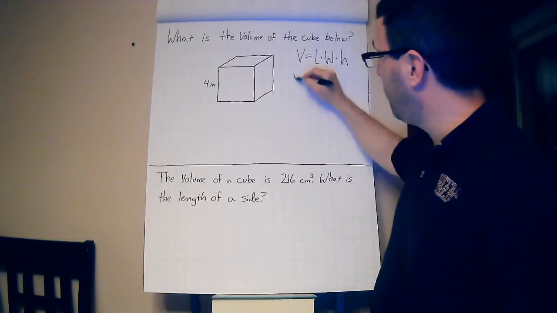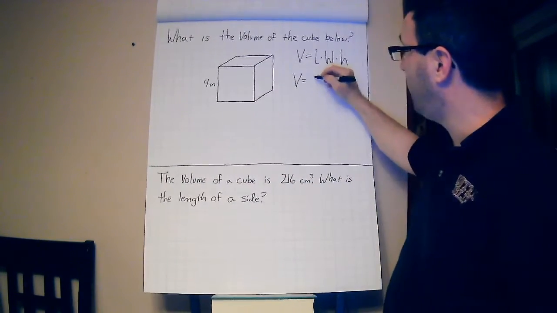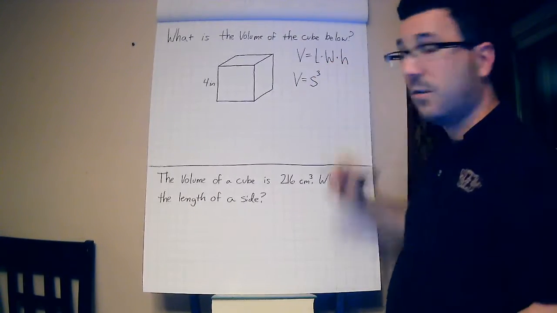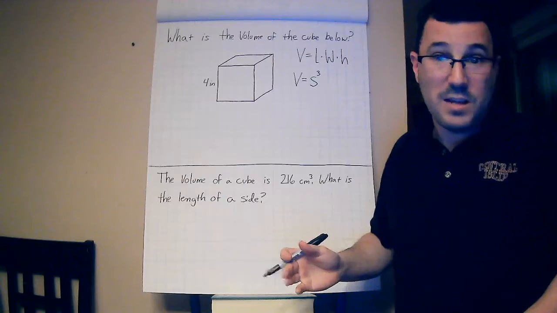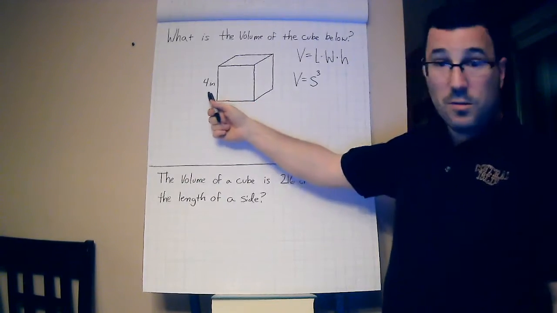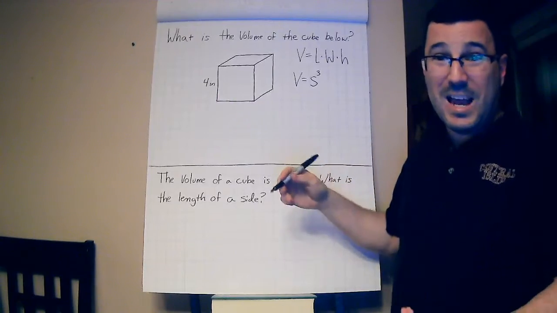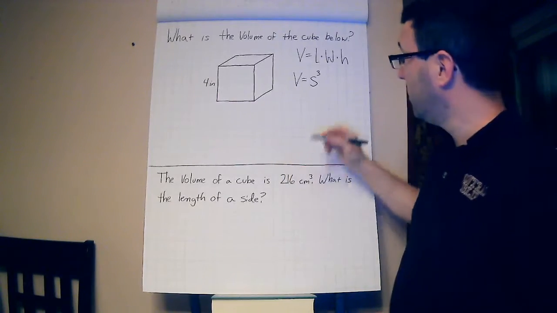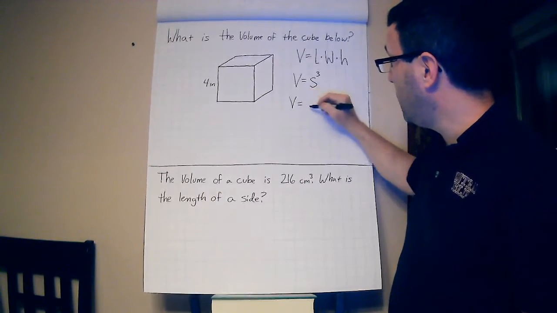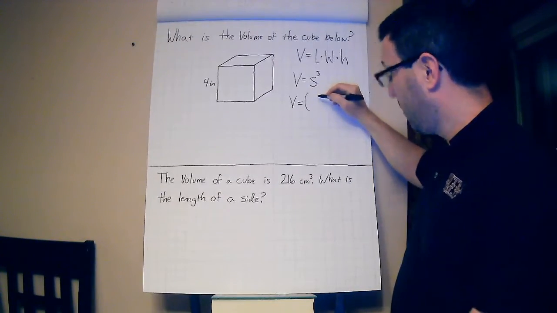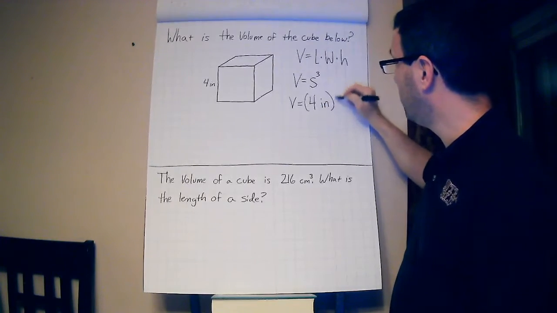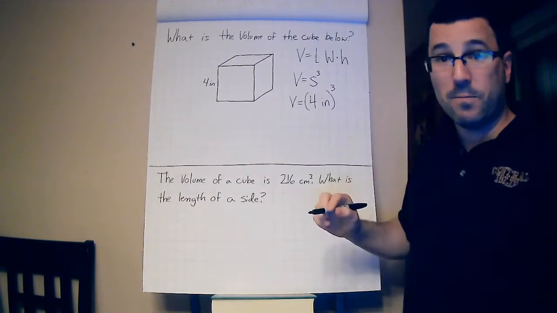So when we find the volume of a cube, we can say the volume is the side cubed. Makes sense. It's a cube, we're going to cube the numbers. The only information we have here is that a side is 4 inches. So we're going to plug that in. Volume equals 4 inches to the third power.